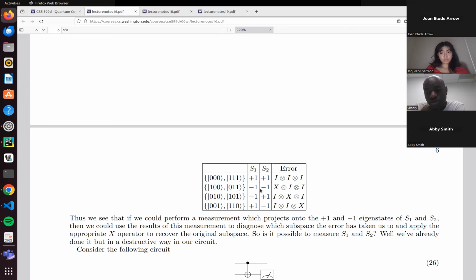The way I like to give some intuition behind doing these syndrome measurements is it's like you've built yourself a biometric scanning door. It scans someone's thumbprint and decides whether or not they are who you think they are. You don't want people to make it through who aren't part of your organization.